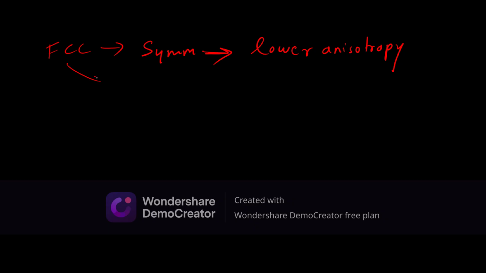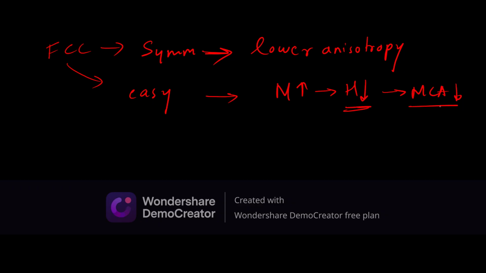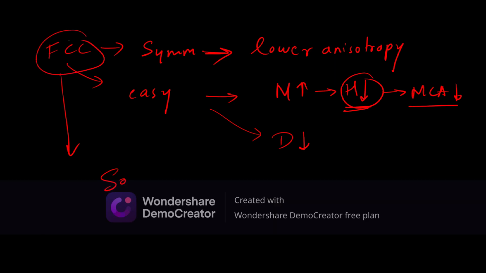Because of that, it has so many easy axes, so the material will magnetize with lesser H. Because the magnetocrystalline anisotropy, MCA, is very less, it will magnetize with a low H value, but it will demagnetize quickly. So materials with the FCC crystal structure will form soft magnets.